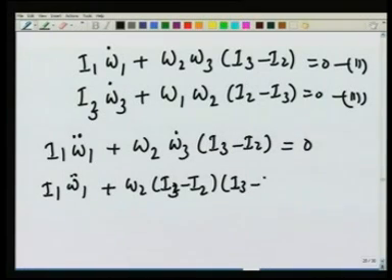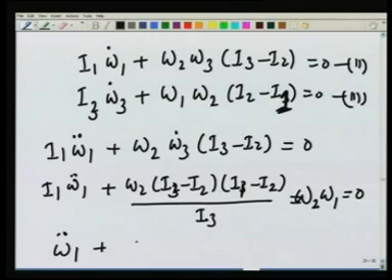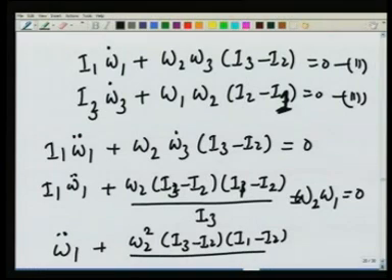I can write this as I3 minus I2, this should be I2 minus I1, so this should be I1 minus I2, divided by I3, times omega 2 omega 1 is equal to 0, or omega 1 double dot plus omega 2 square (I3 minus I2)(I1 minus I2) divided by I1 I3 omega 1 is equal to 0.